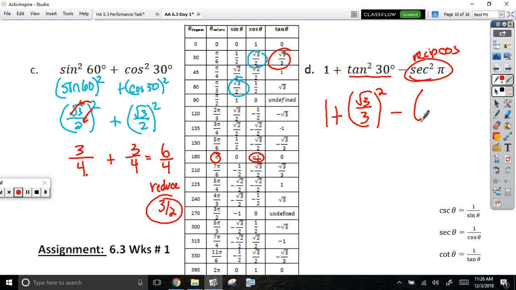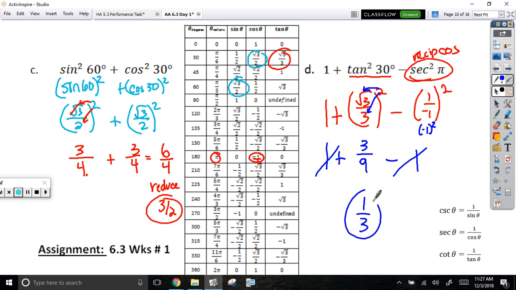So when we flip it and square it, we have 1 plus 3/9 minus, this is really -1 squared, which is 1. Plus 1 and minus 1 just undo one another. We're left with 3/9, which reduces to 1/3.